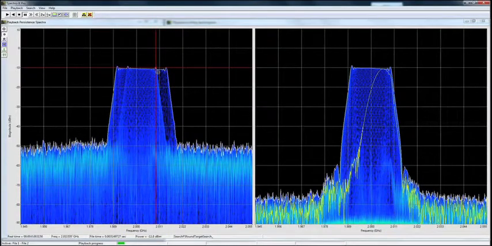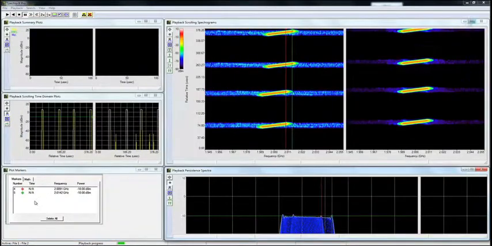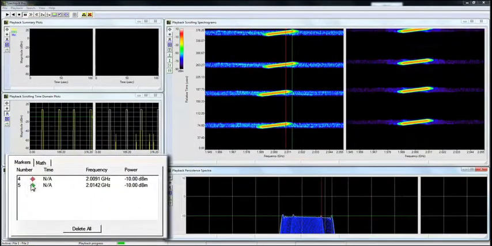And with the max hold feature, it will go ahead and display and hold the maximum frequency of the frequency shifted chirp. So we'll go ahead and place a second marker at that point, go back to our marker math window, and ask it to perform a difference measurement between marker 4 in red and marker 5 in green.